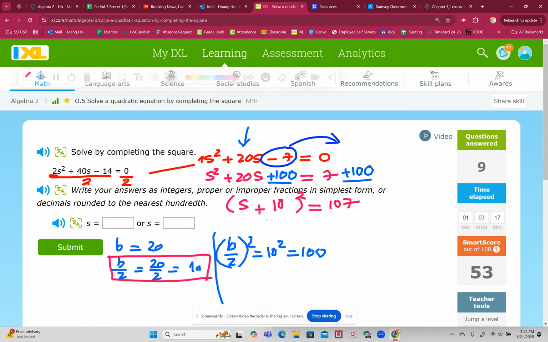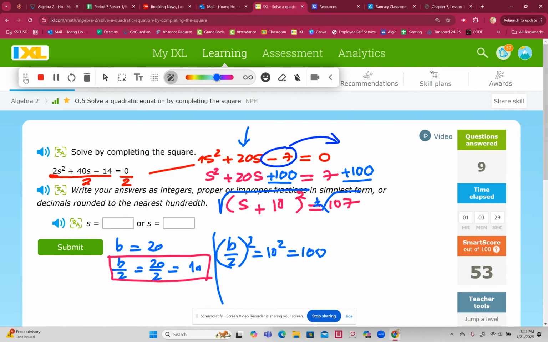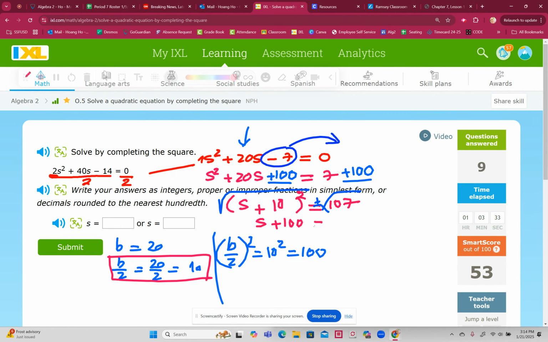Okay? So now, you take the square root on both sides. Here we go. So make sure it's plus and minus. Okay, so now the left side is s plus 10. And the right side is plus minus square root of 107. Okay, so now, only 10, not 100.